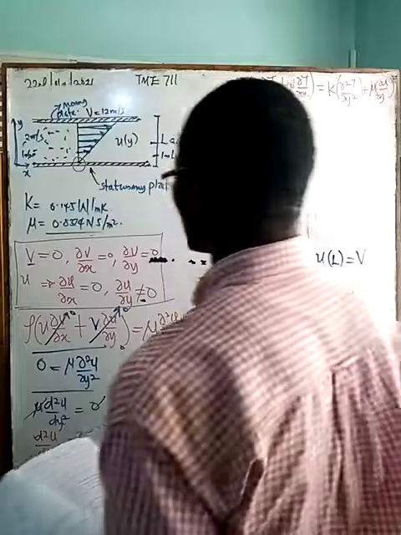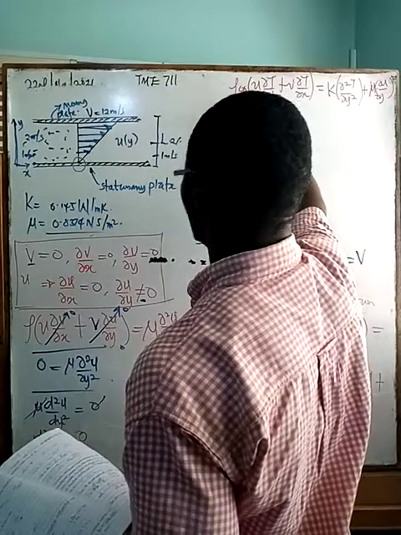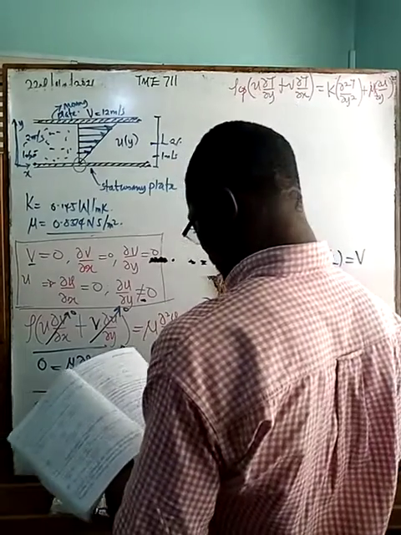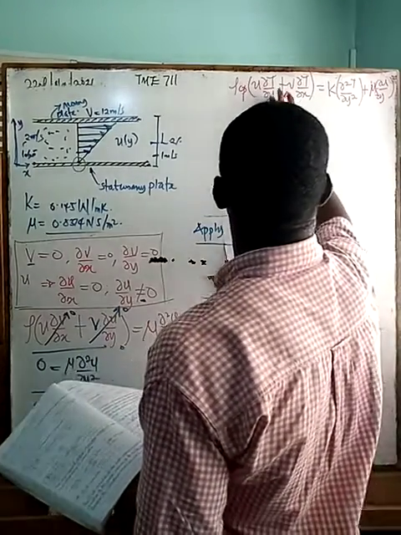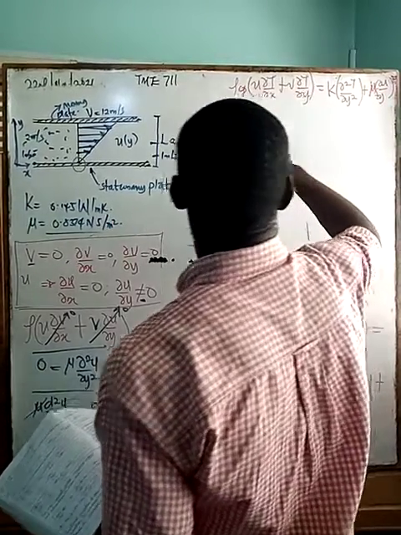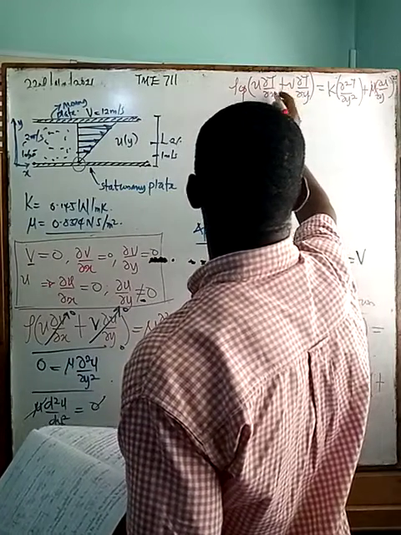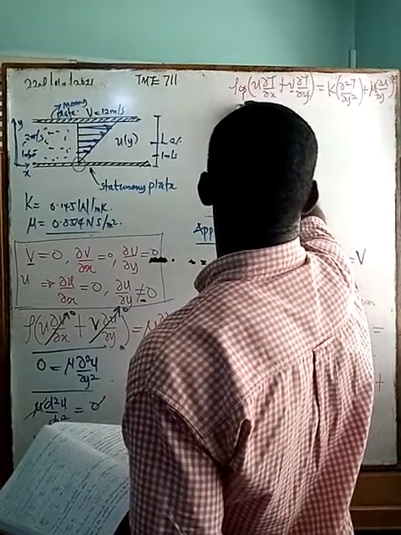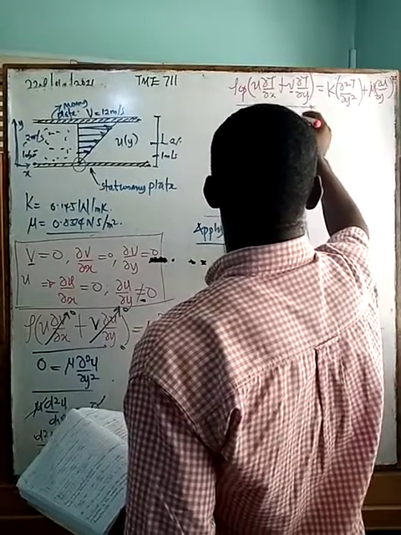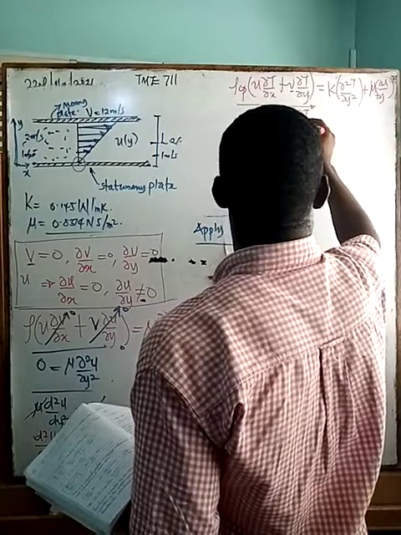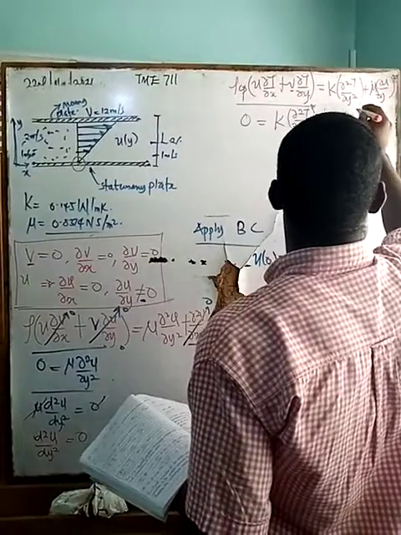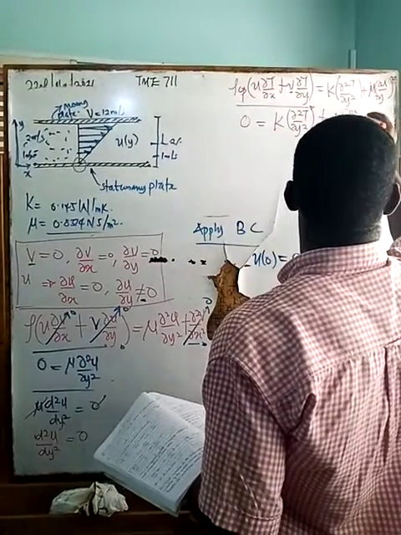So from this place, our u, our dT/dy, our dT/dx is 0 and velocity is also 0. So all this one is equal to 0. So you have 0 is equal to k into d square T over dy square plus mu du/dy square.